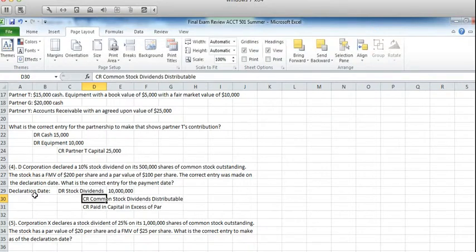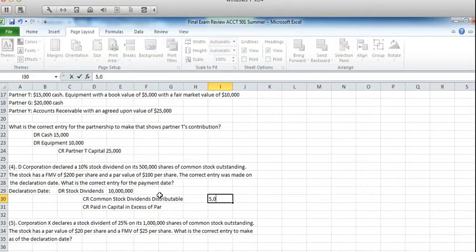Under common stock dividends distributable, we are going to look at the par value of the stock instead of the fair market value. If you look at the difference here, we've got $100 par value, $200 fair market value. So this is going to be half as much, or 5 million. And the difference between those two is the additional paid in capital, which will also be 5 million.